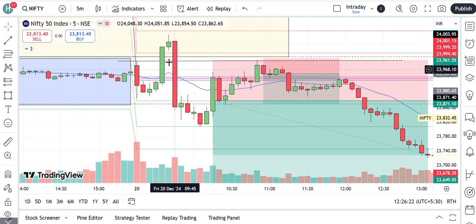Because you know what happens, suddenly there is a big operator or FIIs or big DIIs or institutional participants, they sold here, and when they sold, the market fell down, and this is such a huge thing that usually in such times people will try to sell and go in the same direction.